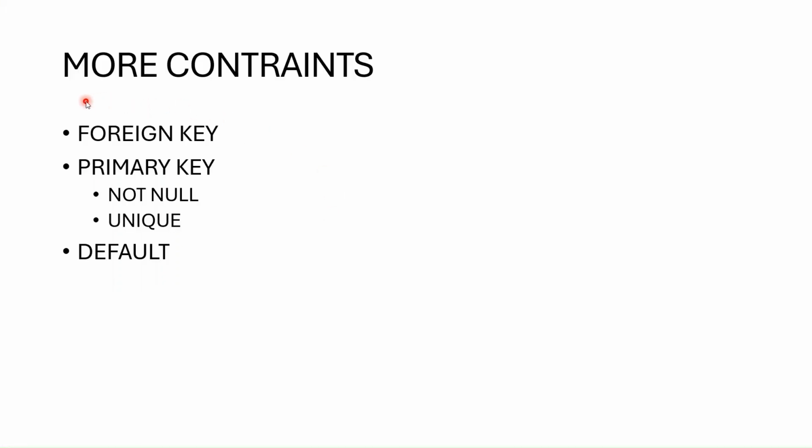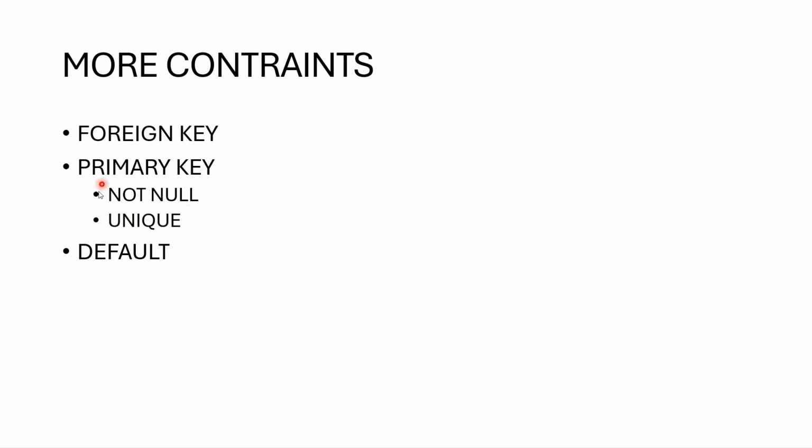So this is just some more examples of constraints. So we've seen the foreign key constraints, how to add it, what it actually does, and how to drop it. We've also seen the primary key constraint, and this actually comes with two other constraints in tow: the not null, which prevents the column from accepting null values, and then the unique, which makes sure that each value entered in the column is not identical to any value already existing in that column.